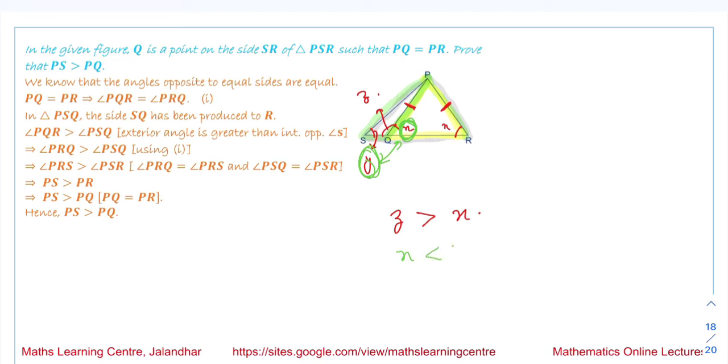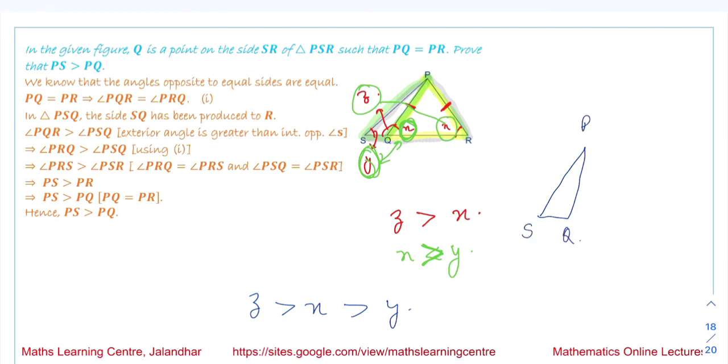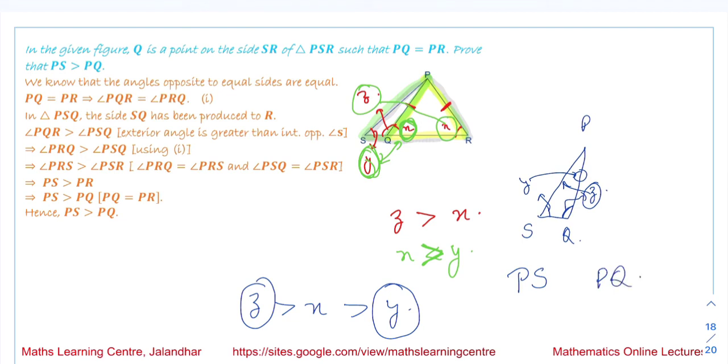So this X is greater than Y, and Z is greater than X. If we combine these two results, we get Z is greater than X is greater than Y. In this triangle PSQ, this angle is Y and this angle is Z, so Z is greater than Y. The side opposite to Z will be greater than the side opposite to Y. The side opposite to Z is PS and the side opposite to Y is PQ. So PS is greater than PQ.